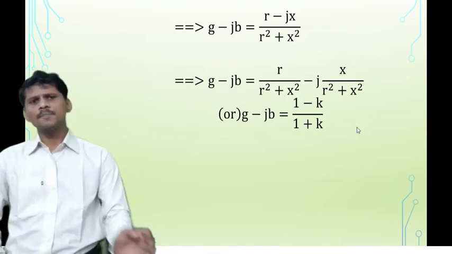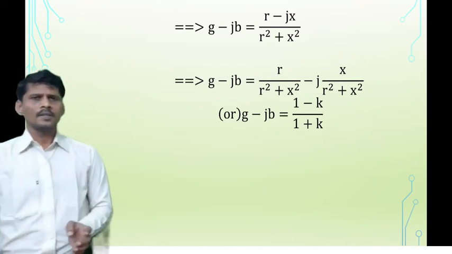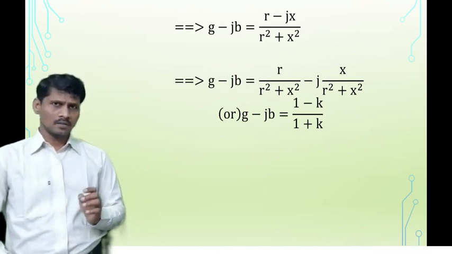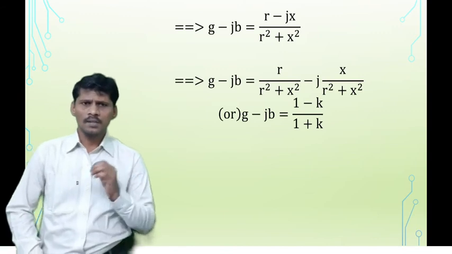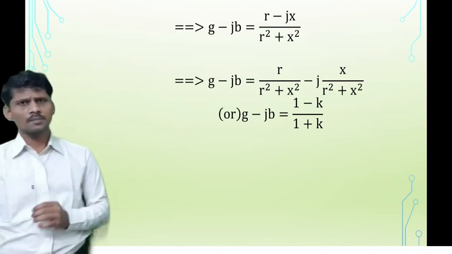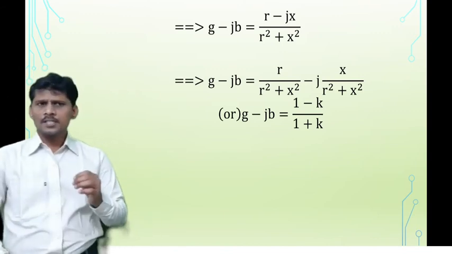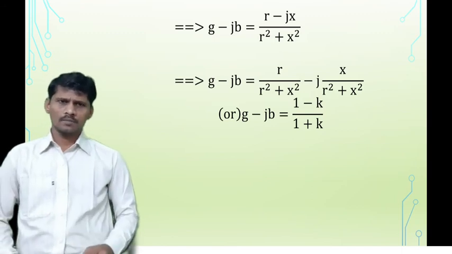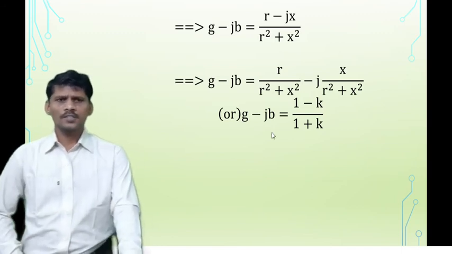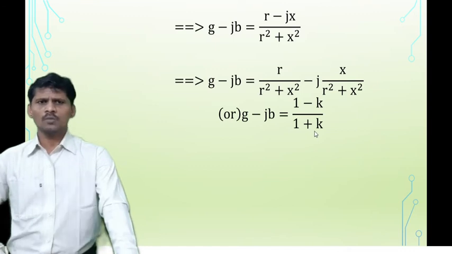Comparing real and imaginary parts, the conductance G is equal to R by R square plus X square and the susceptance B is equal to X by R square plus X square. Also, G minus jB is equal to 1 minus k by 1 plus k.